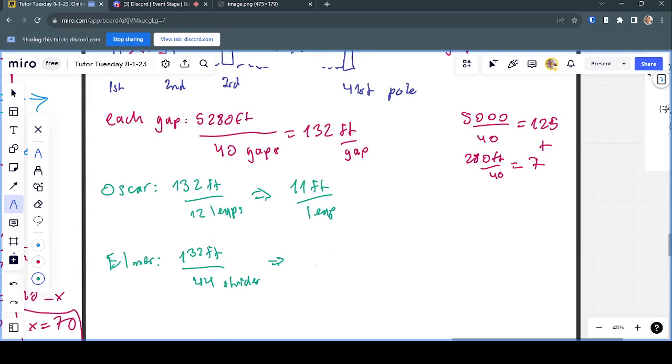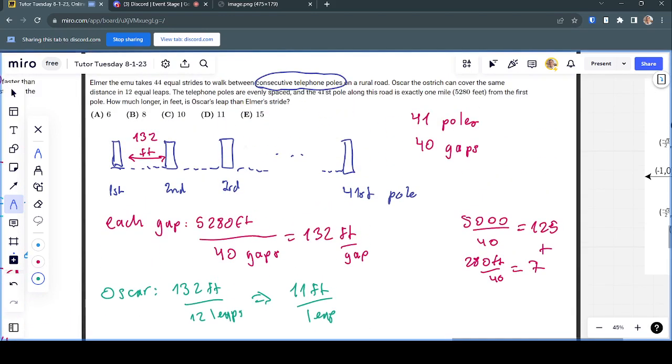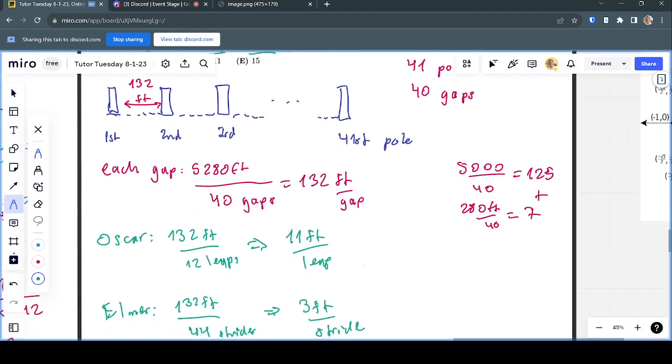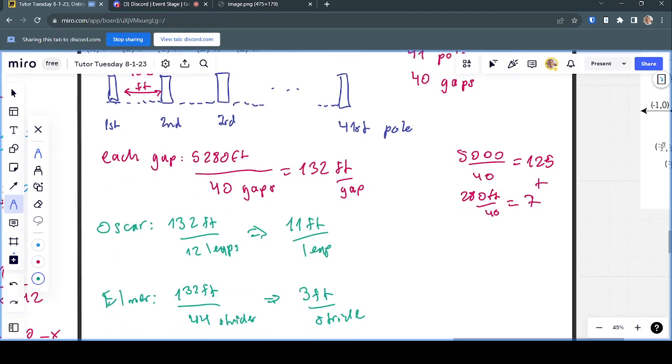So 132 divided by 44 is going to be 3 feet per stride. If we're trying to find how much longer Oscar's leap is than Elmer's stride, that's just the difference of the two. It's going to be 11 minus 3, which is 8 feet.